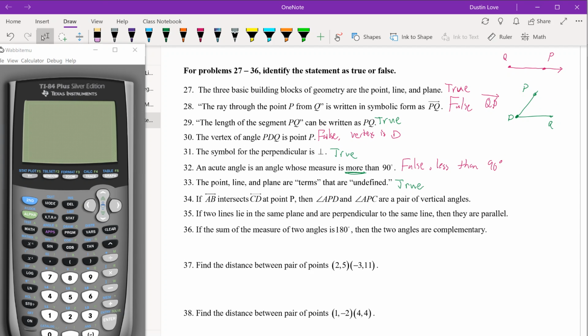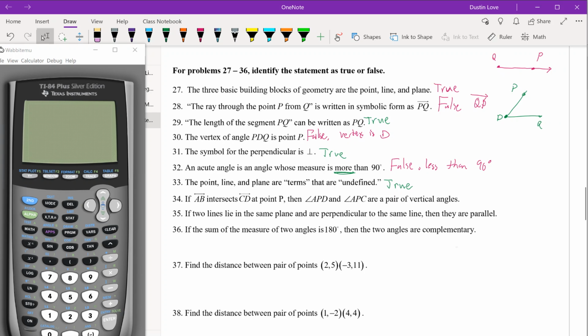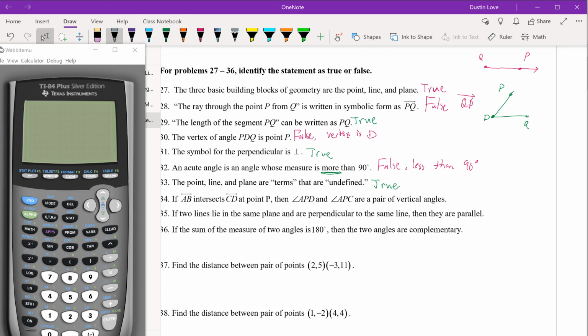Number 34. If AB intersects CD, now I'm just going to go ahead and start drawing this. So if AB, oh, I just realized that pen was the wrong size. I'm going to use a different one.